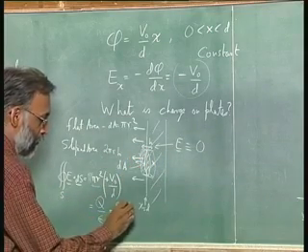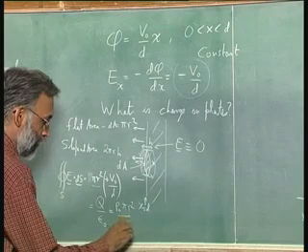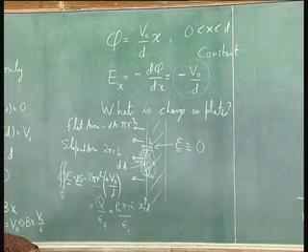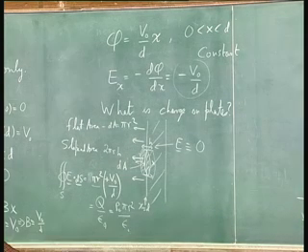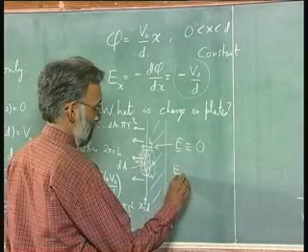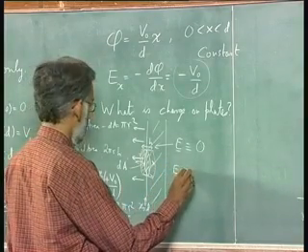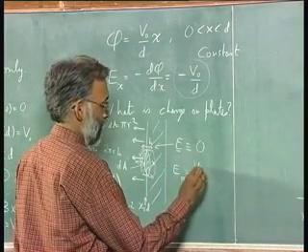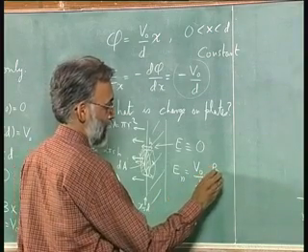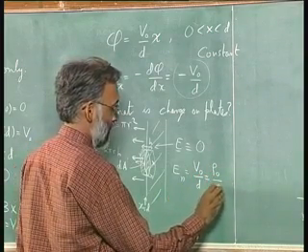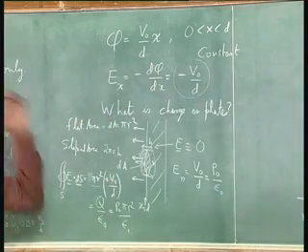So, pi r squared over epsilon naught. So, I can cancel out pi r squareds and I get an answer which is very familiar, which is that the electric field, what I call the E normal, which in this case is V naught over d, is equal to the surface charge divided by epsilon naught.